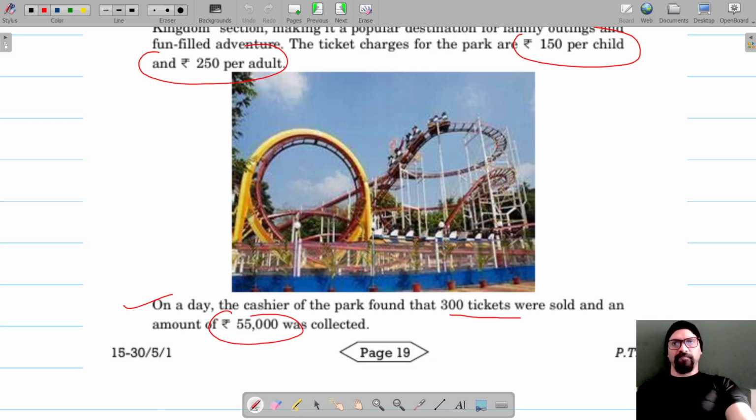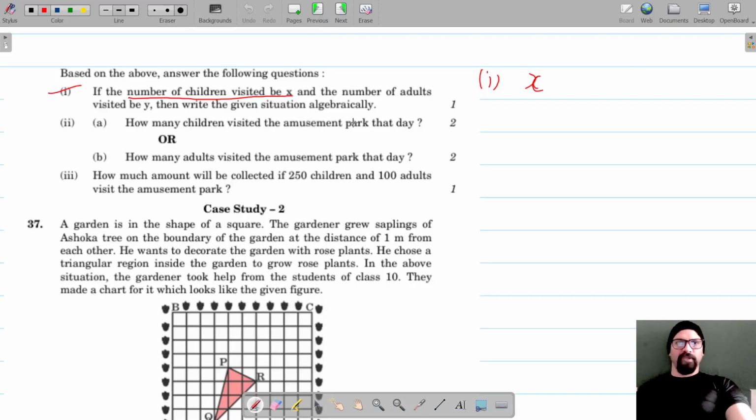The number of children visited are X and the number of adults visited are Y, and the total number of tickets sold are 300. So the total of the children and the adults is 300. So this is our first equation.